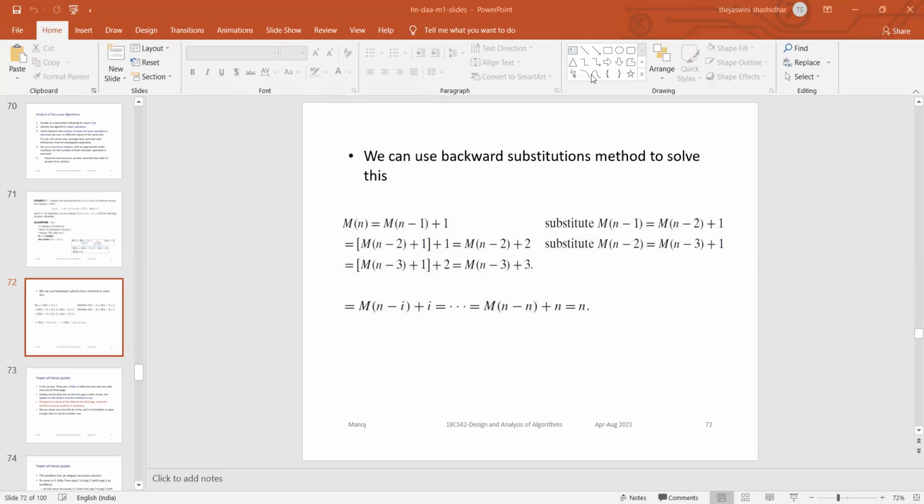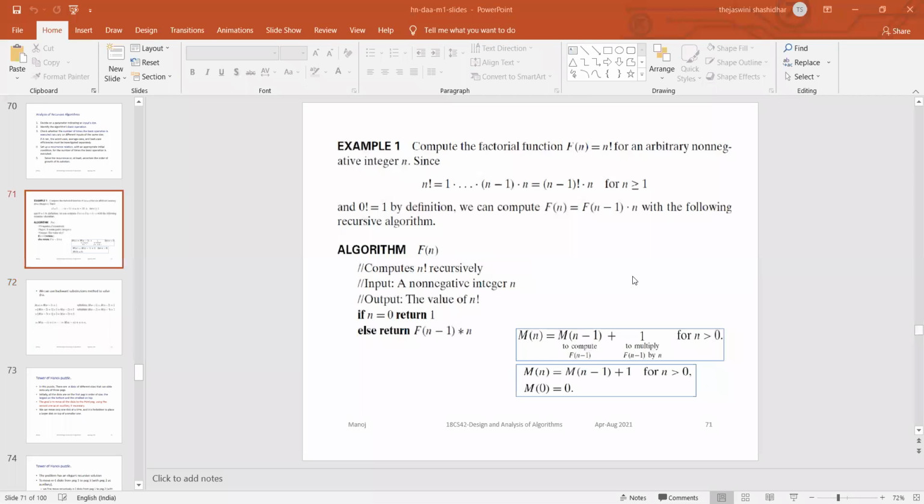Kindly answer in the chat box. So n into n minus 1, sorry, that is the formula we are taking.